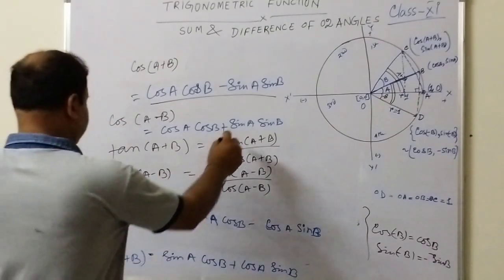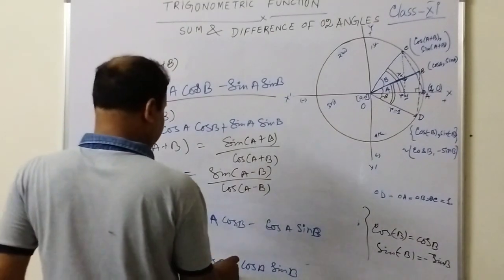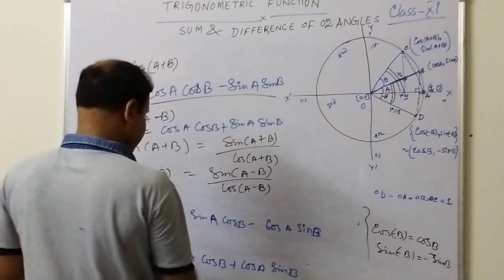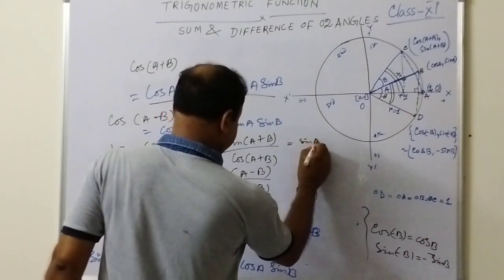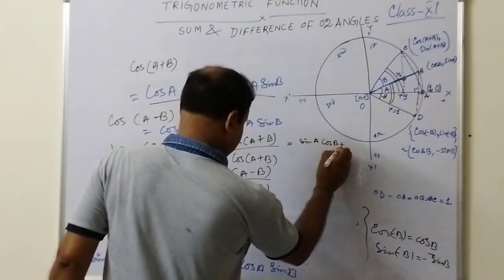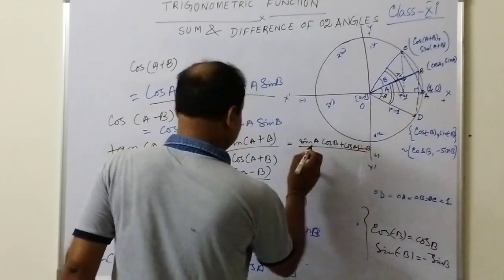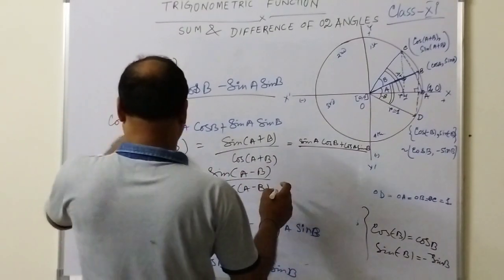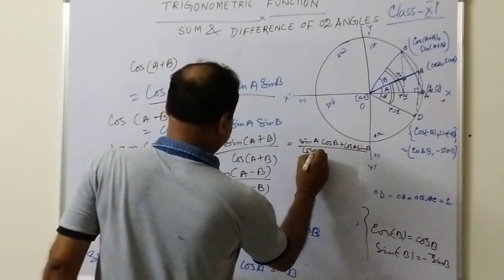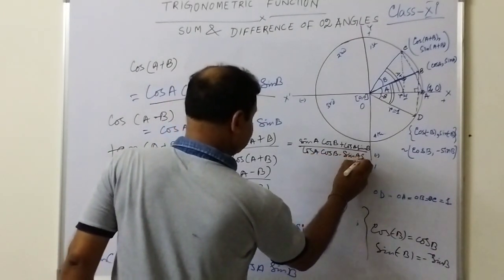So tan(A plus B) is sin A cos B plus cos A sin B over cos(A plus B), and this is cos A cos B minus sin A sin B.